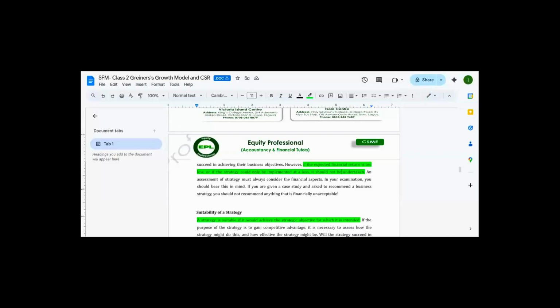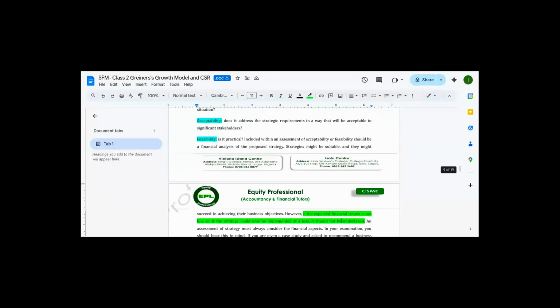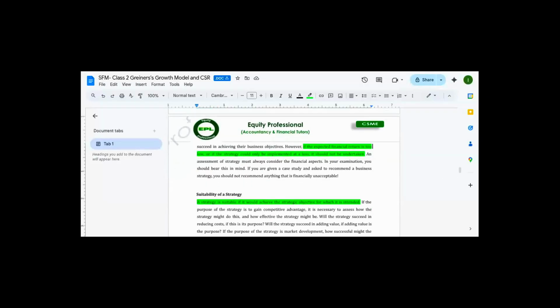Any strategy that we want to implement or we have implemented, it is recommended that we evaluate the PIMS of the strategy. Don't worry, I will include it probably in our next lecture. PIMS, measuring the profit impact of marketing strategy. And that is the essence of the feasibility of any strategy: how profitable it is.